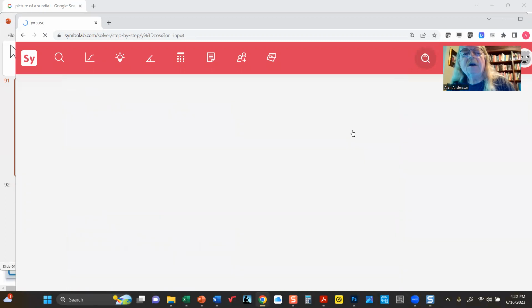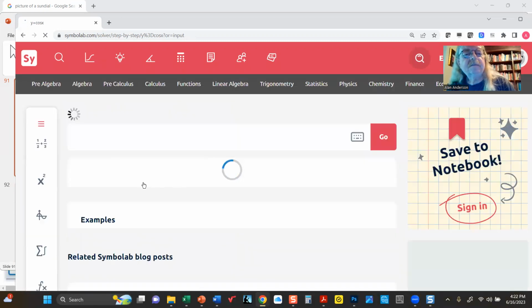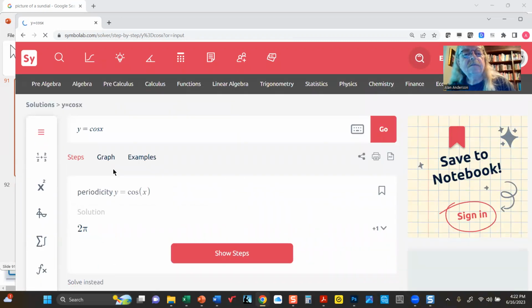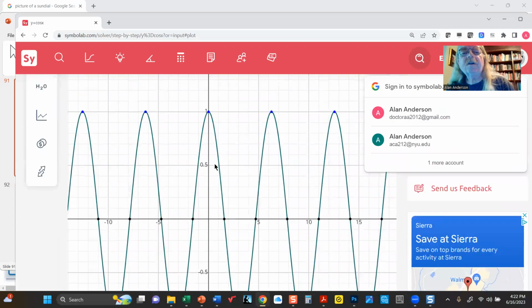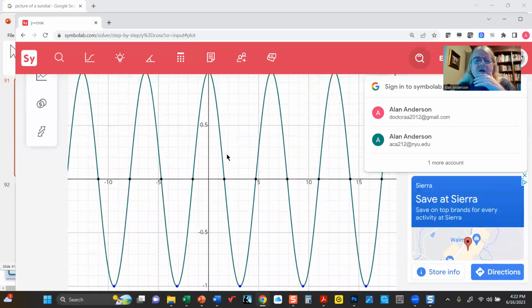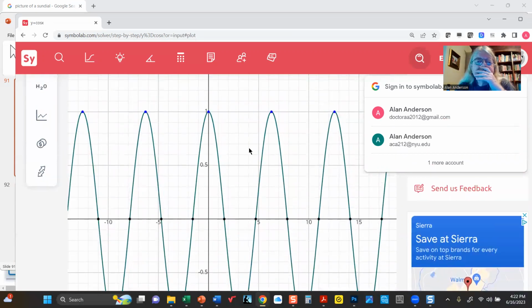You have to say go. There you go. This is what I wanted you to notice. On the vertical axis, before it was 0, now it's 1. So essentially, they're the same shape, except they're out of phase with each other.